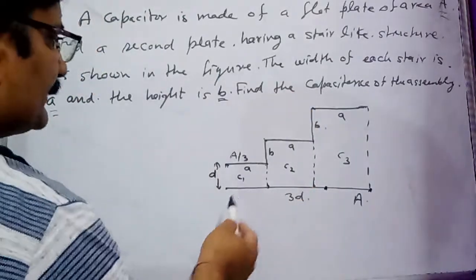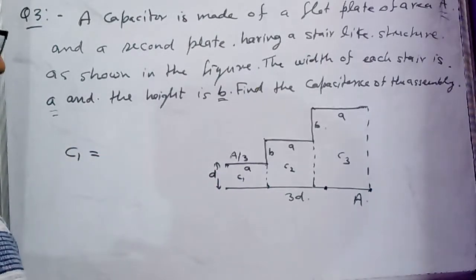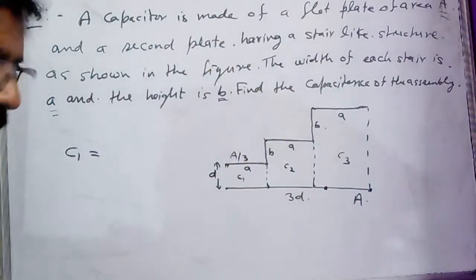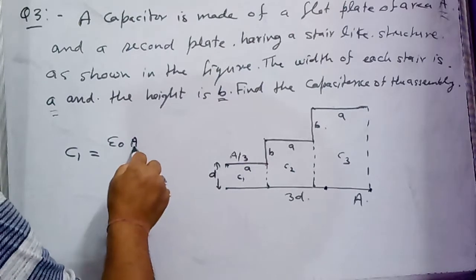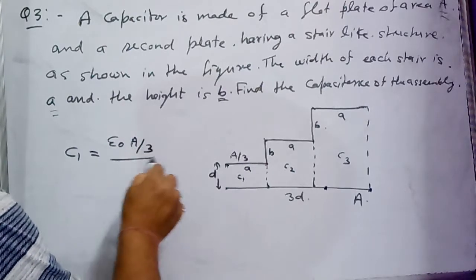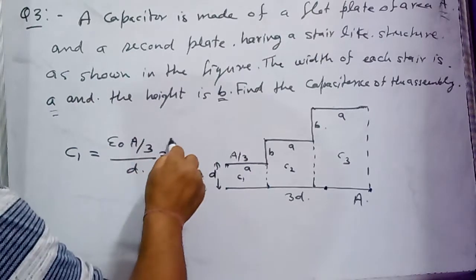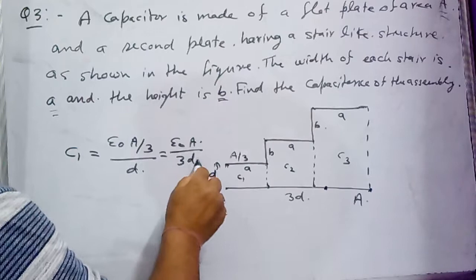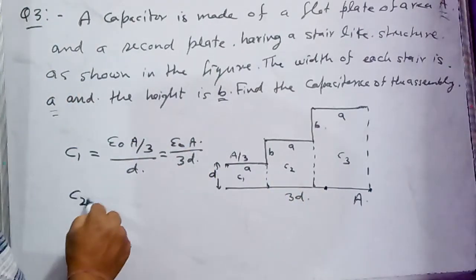So what can be the capacitance of the first capacitor C1? If the capacitors are air filled, C1 is epsilon naught A by 3 divided by D, or C1 is equal to epsilon naught A divided by 3D. What about the second capacitor?